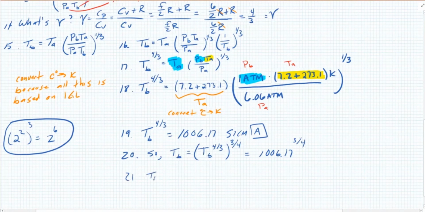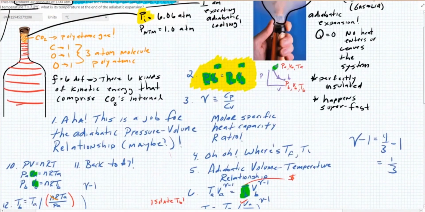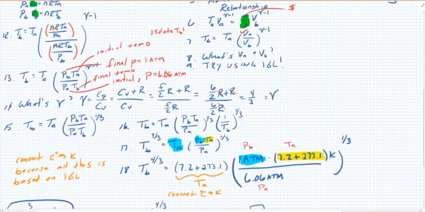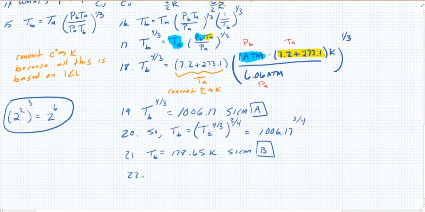TB equals 178.65 Kelvin. I'm going to put that in calculator memory location B, because they want you to put the final answer in terms of degrees Celsius. So one last conversion, 22.